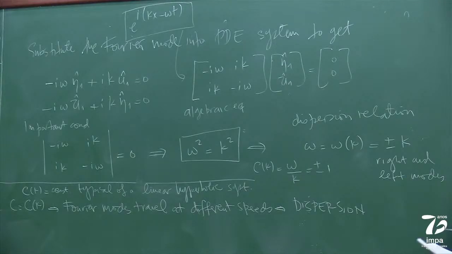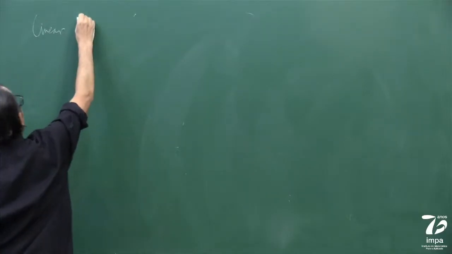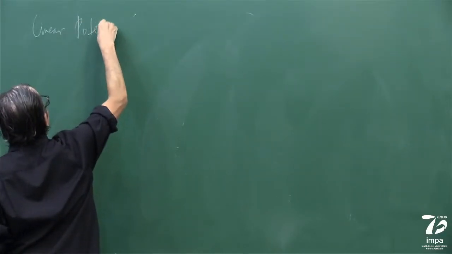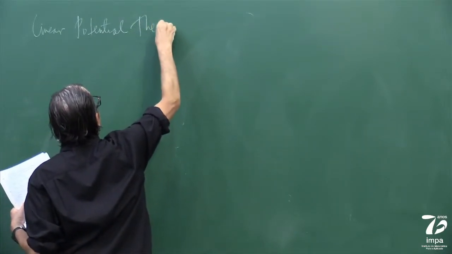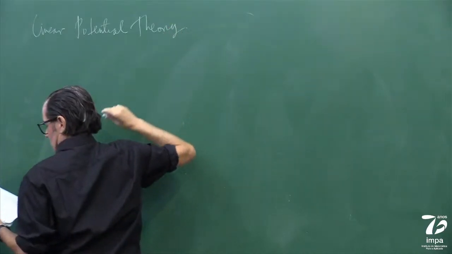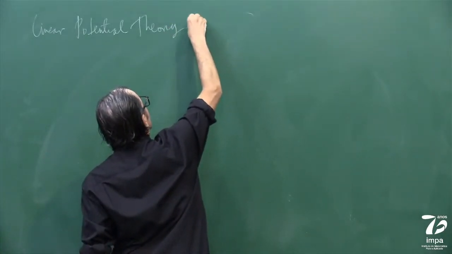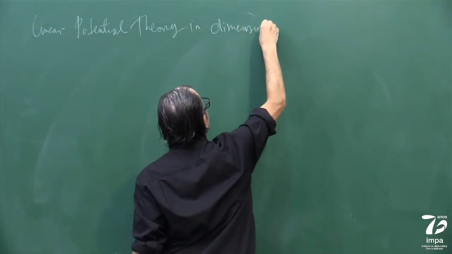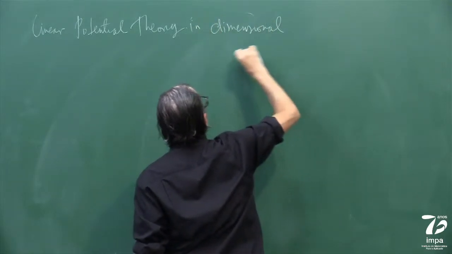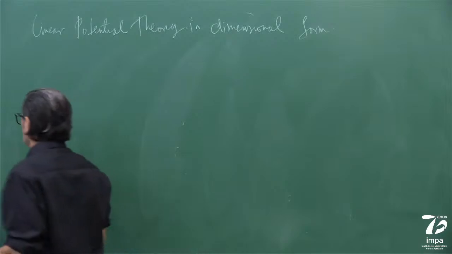So now consider the linear potential theory, first in dimensional form. So it's like this.